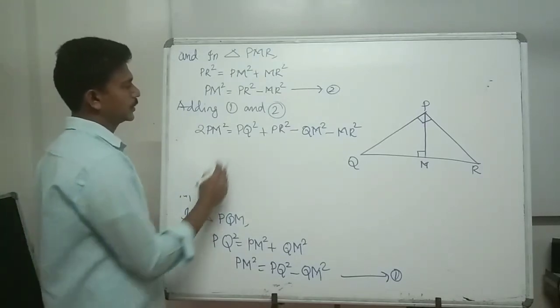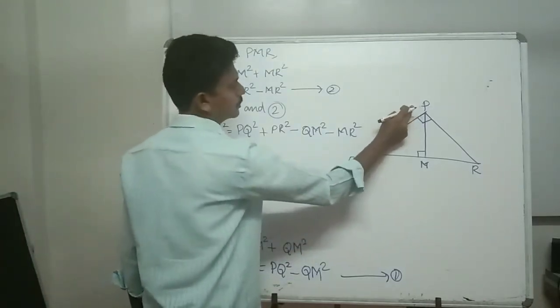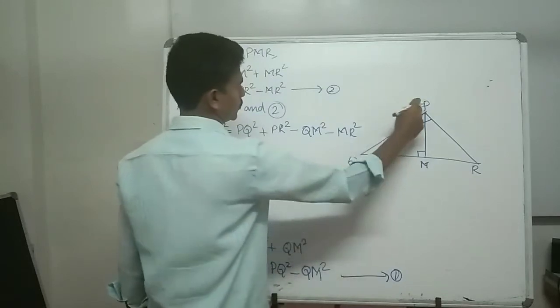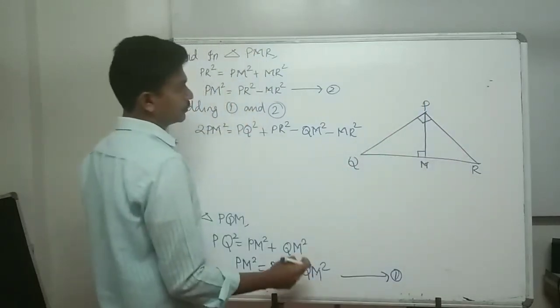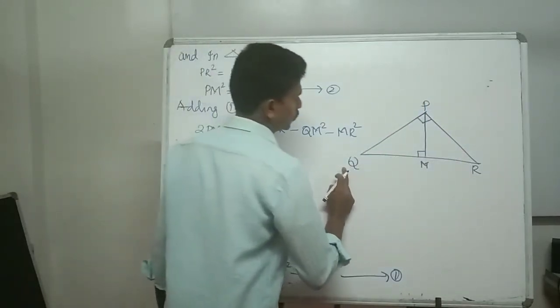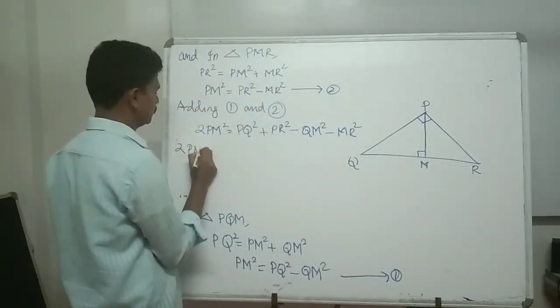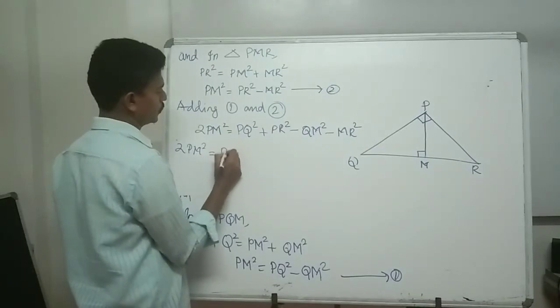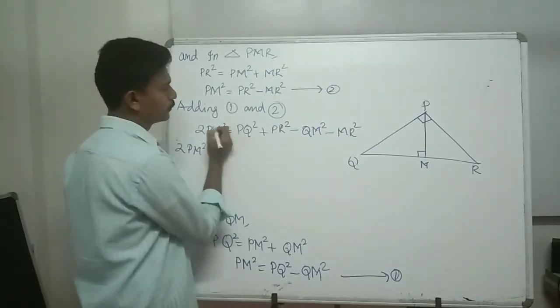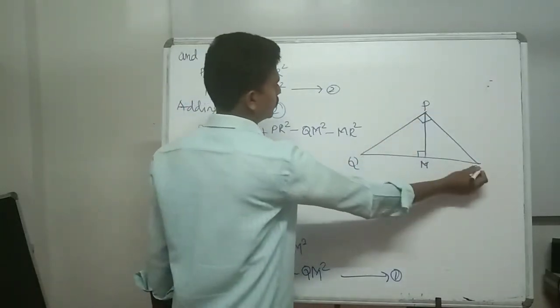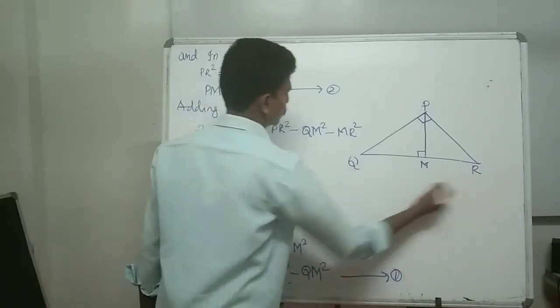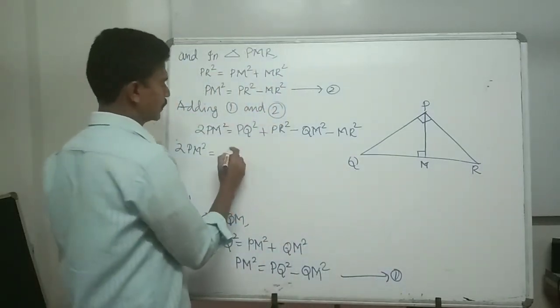Now you can see that PQ square plus PR square is equal to QR square. So instead of PQ square plus PR square we can write QR square.